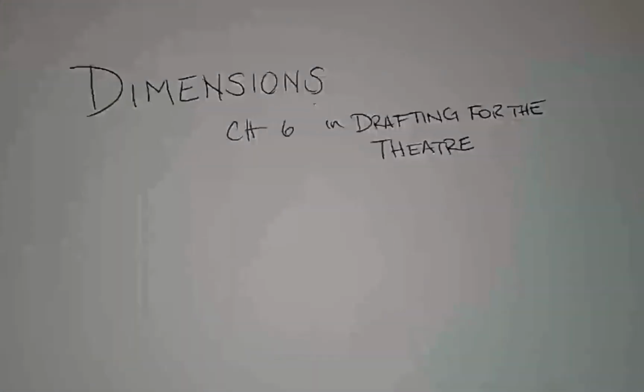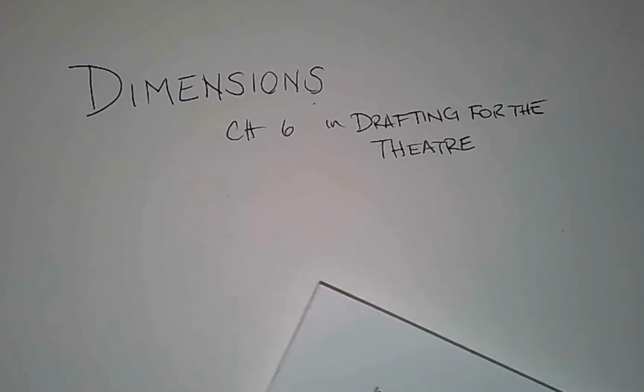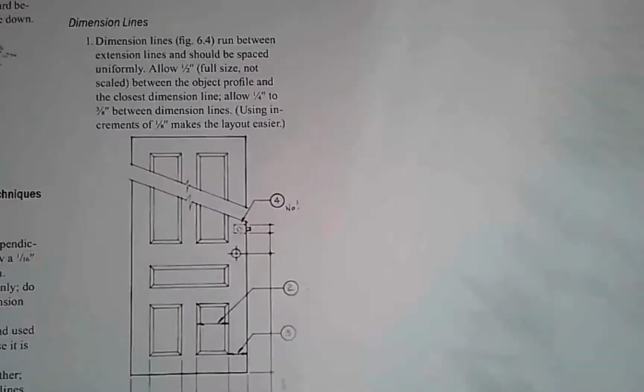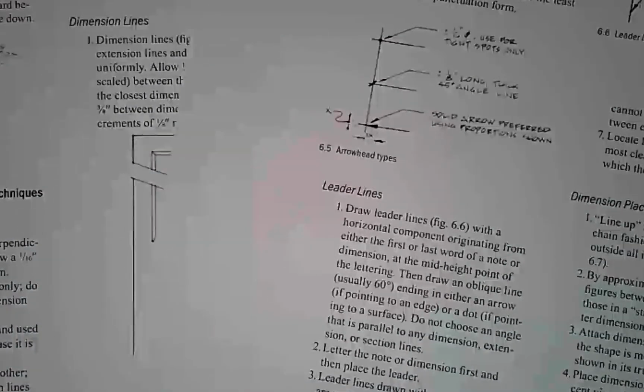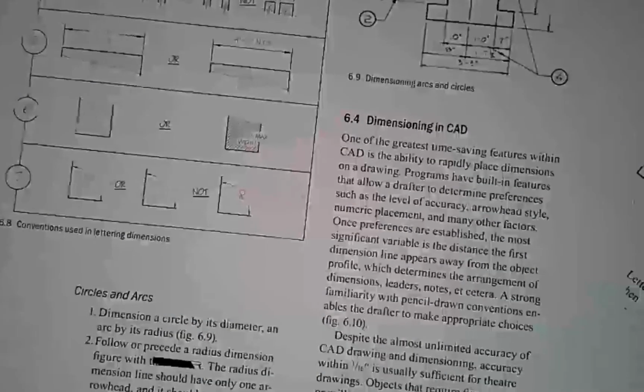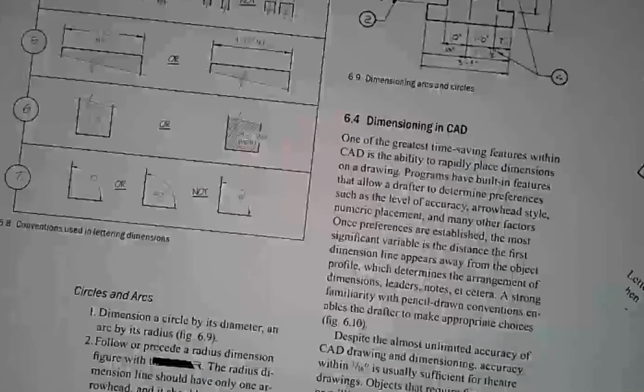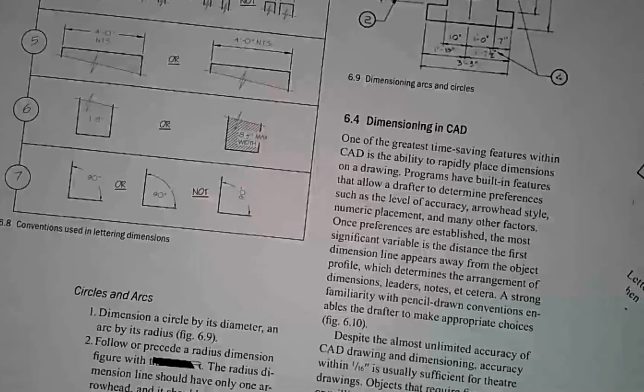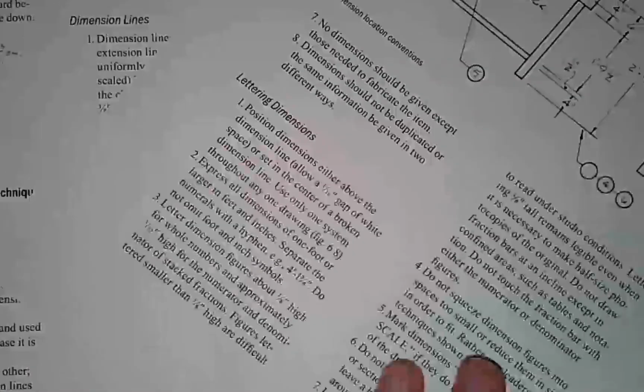Next concept to think about are principles and techniques. If you look in the book, there's like 3 or 4 pages of detail in terms of how we address each different type of dimension line.